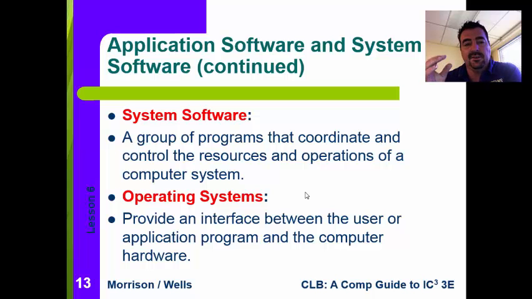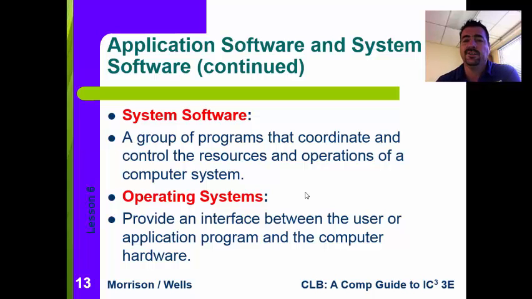And that's the sole purpose of that software. I can't change the volume when I'm in the brightness setting. Okay, that's its sole purpose. It's a very simple job. It doesn't have to coordinate with a whole bunch of other things.